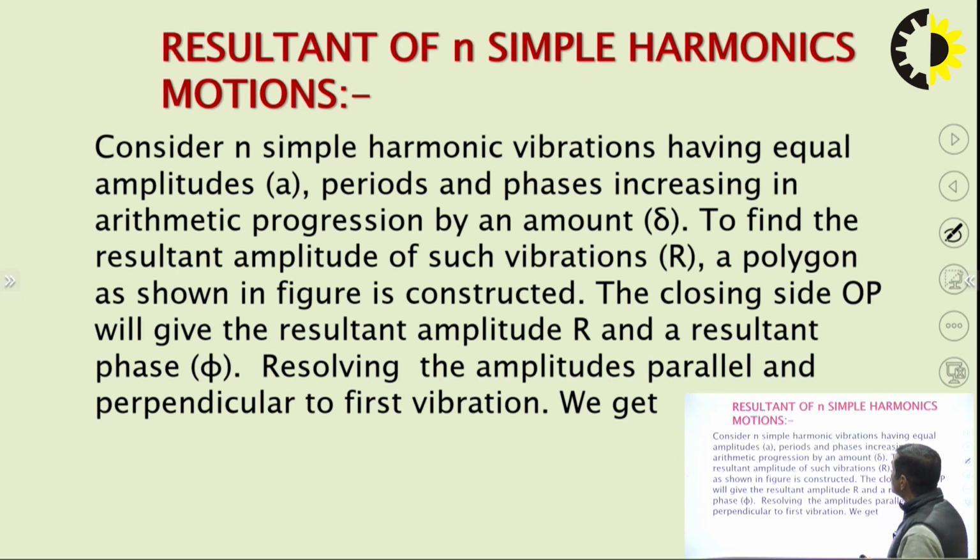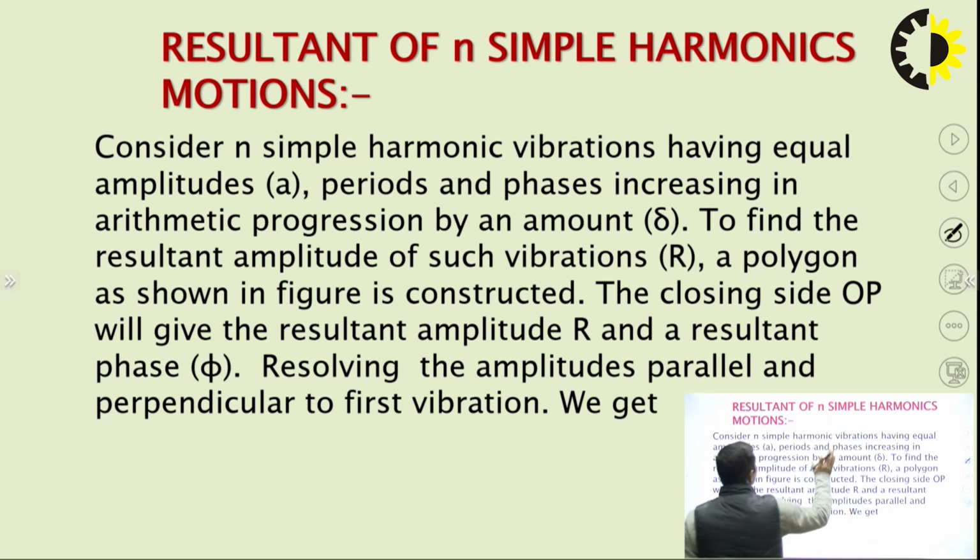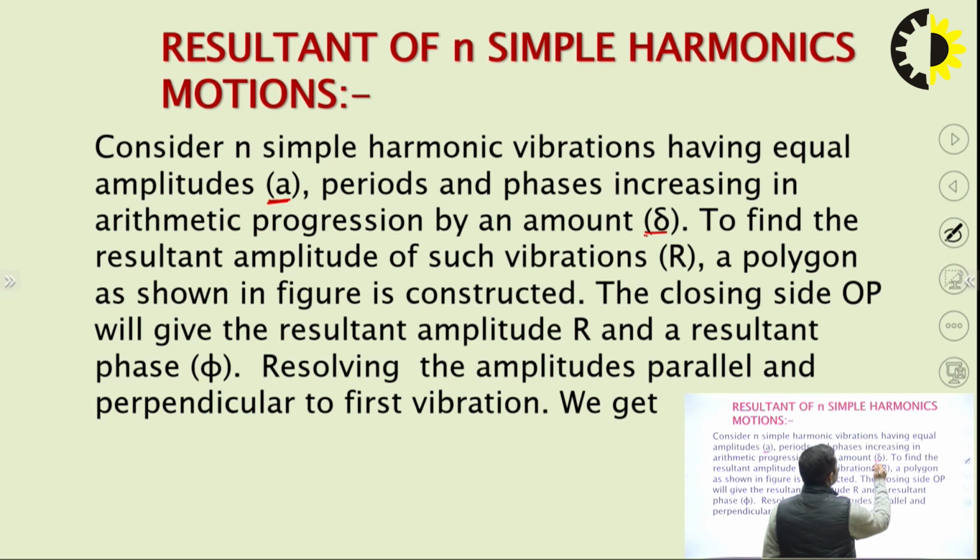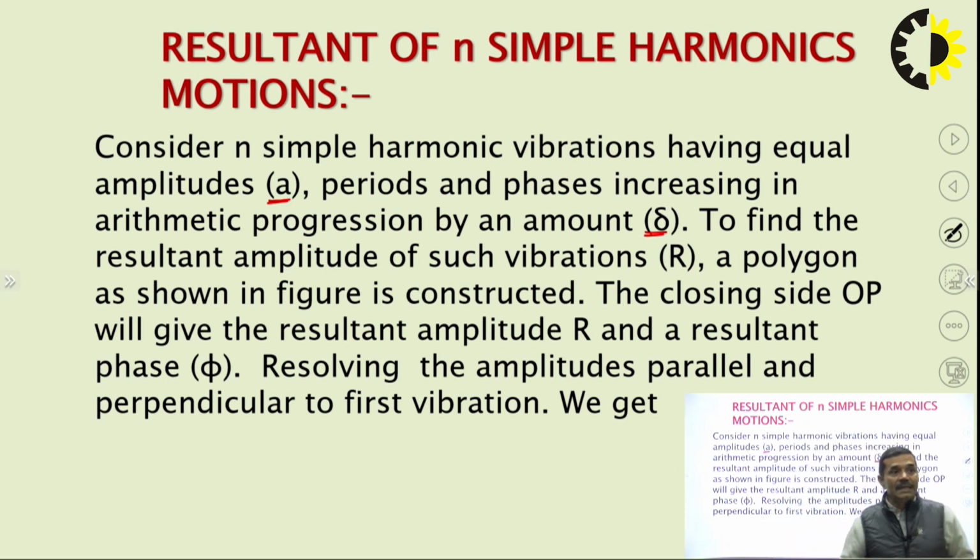To find the resultant, we consider simple harmonic motions having equal amplitude A, and the phases are increasing in arithmetic progression by amount delta. That means the phase difference between two successive vibrations is delta.